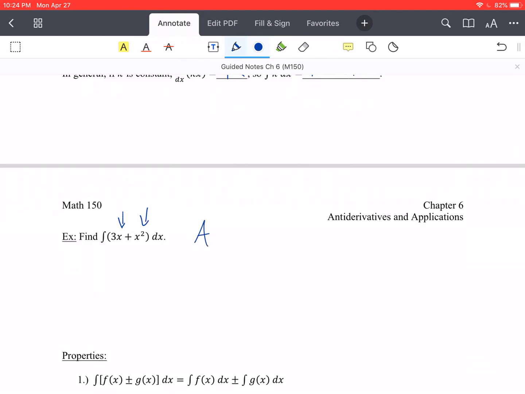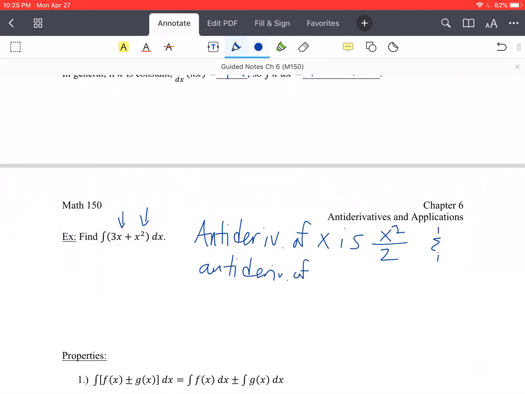The antiderivative of x is x squared over 2, we found that earlier. And the antiderivative of x squared, we also found earlier, that was x cubed over 3.